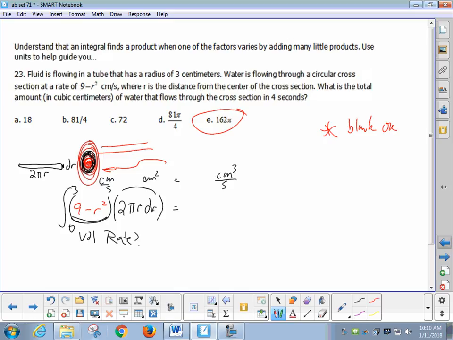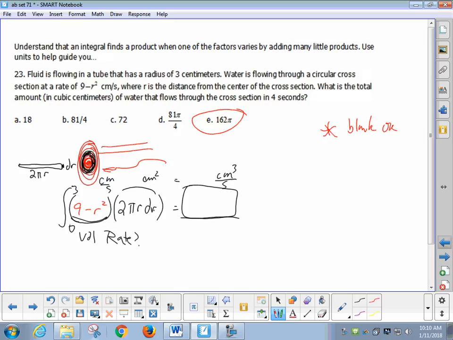Now that integrated is some big mess. It's a number, whatever that is. And then I stopped and I thought, okay, where's my answer? But then I didn't read all the question. This is a volume rate, but they don't ask for the volume rate. They say, what's the total volume that flows through in 4 seconds?